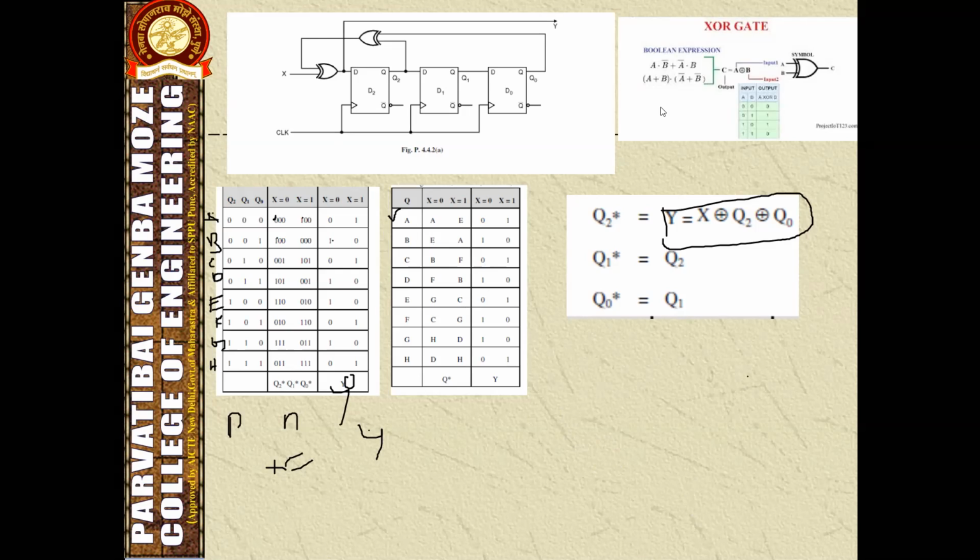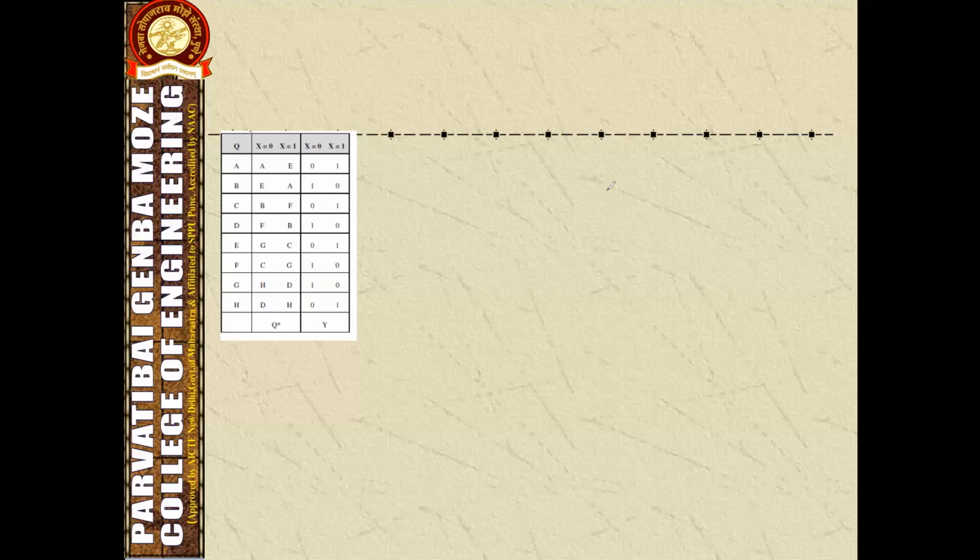I will explain in the next slide because it will take a huge space. So let's consider all the states first, one by one. A state is represented by a circle here. So let's consider all the states here.